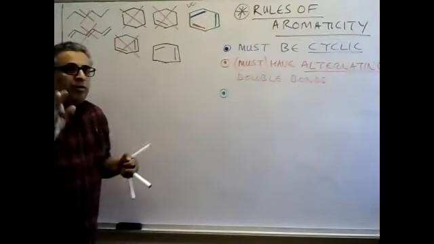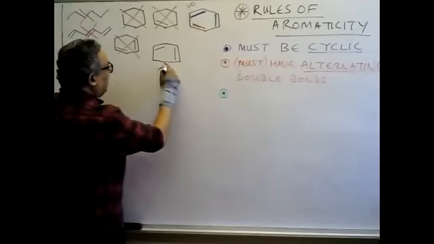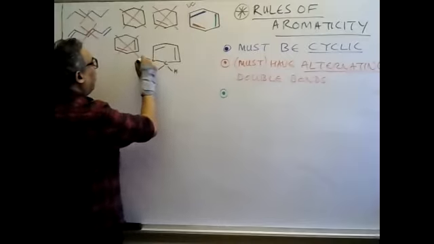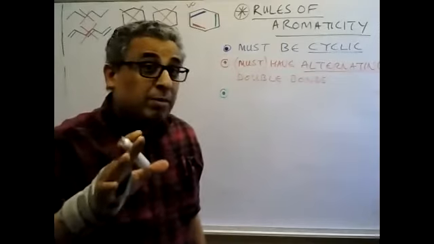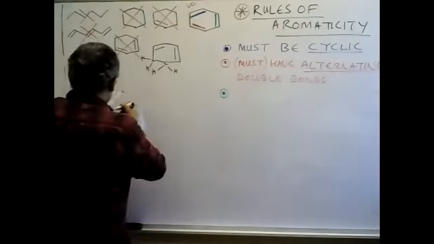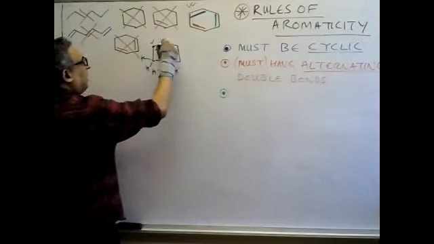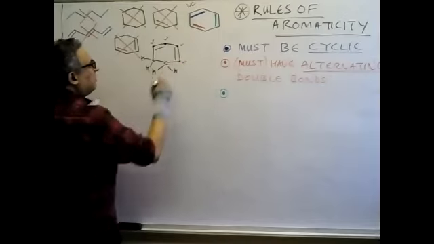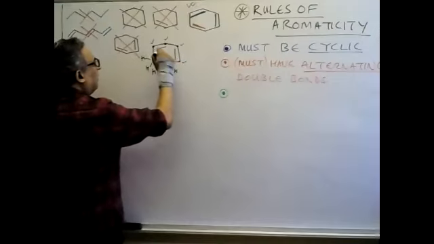But what I want you to pay attention to is the part of the molecule that is problematic. This part is good. This corner is good, and so is this corner, because it's got the double bonds, because it's got the pi bonds.